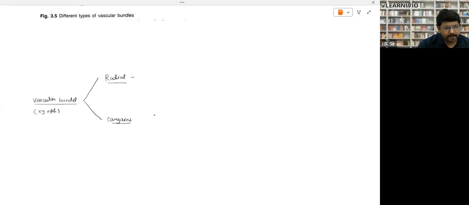Radial: xylem and phloem at different axes. Here the xylem and phloem are present at different axes. Conjoint: xylem and phloem are present at the same axis.